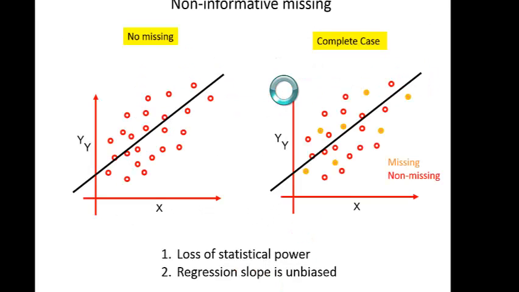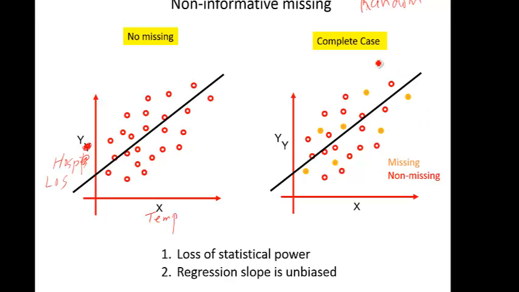And this slide indicates non-informative missing, where the missingness happens at random. In this example, Y is hospital length of stay, and X is temperature, for example. Okay. This is data without missing, so you observe everything. Every single patient, you observe both temperature and hospital length of stay.